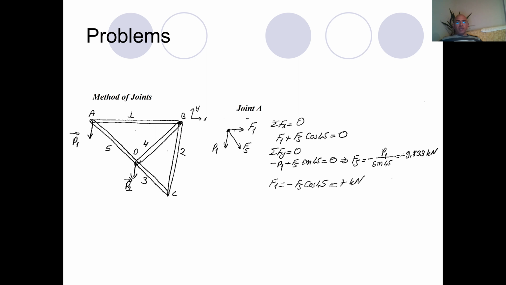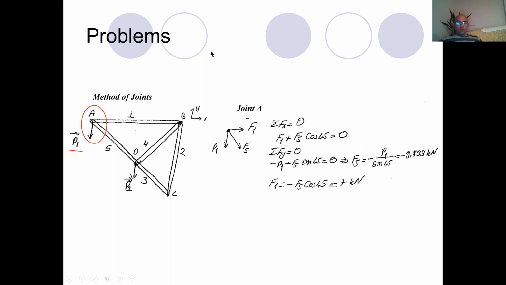We can begin from any point, in fact, but let's begin from point A, because in any case, we will solve a set of linear equations. So for the joint A, we have 3 forces at the joint A. If we focus on the joint A, we have P1.